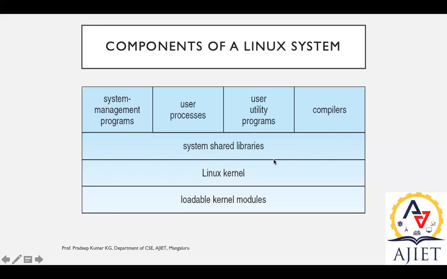Then we have the Linux kernel as the heart of the Linux system. The Linux kernel is free and open source, deployed in a wide variety of computing systems under the license of GPL, and we may have different variants under that.